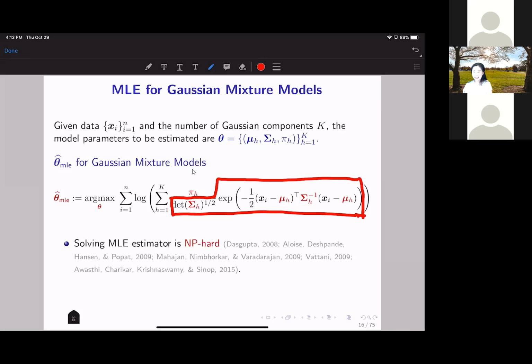Yes, the multivariate Gaussian density. So this is the likelihood for a multivariate Gaussian, conditioned on the model parameters being mu h and sigma h. Is that clear? If that's clear, I'm going to erase it.